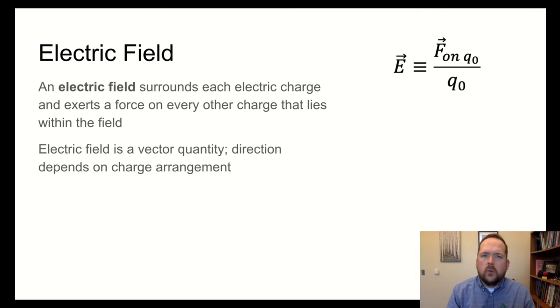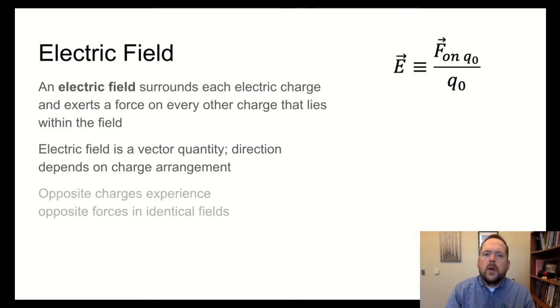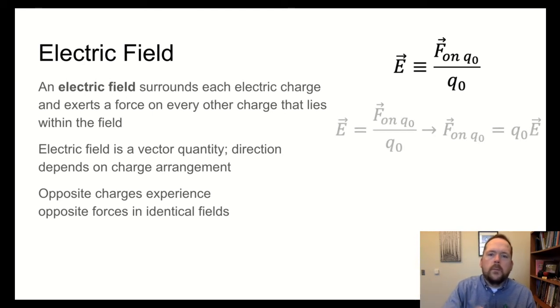Electric field, like force, is a vector quantity. So when we're dealing with electric fields, we have to worry about the direction things are in. Opposite charges experience opposite forces in identical fields, something we alluded to on the previous slide. If I have an electric field in this room and I put a positive charge in it, it'll go one way, but if I put a negative charge in, it'll go the opposite way.